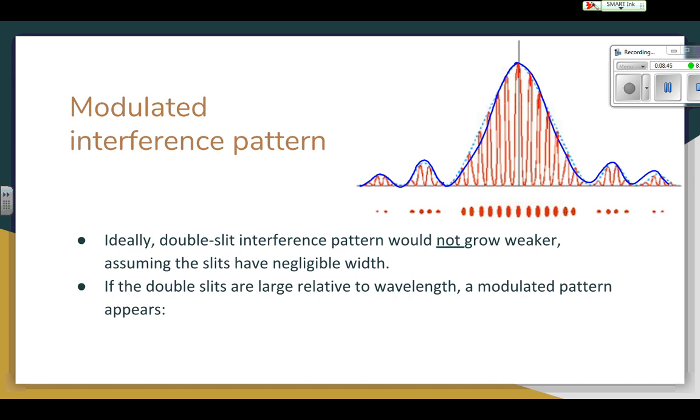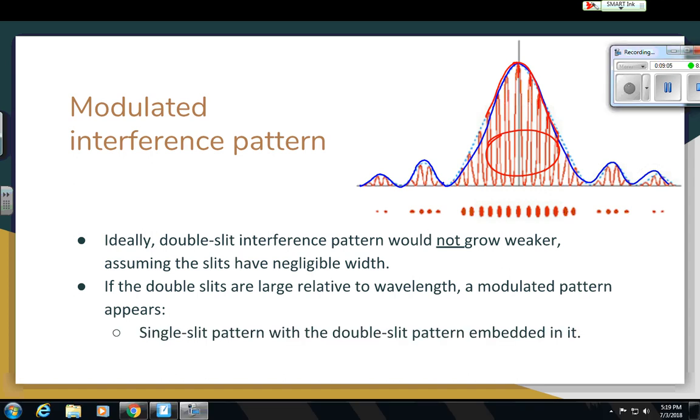This is what's created by the double slit opening, and the intensity of the double slit pattern will diminish like a single slit pattern. So that's what happens when the width of the slits increases: you basically end up with a single slit pattern with the double slit interference pattern embedded within it.